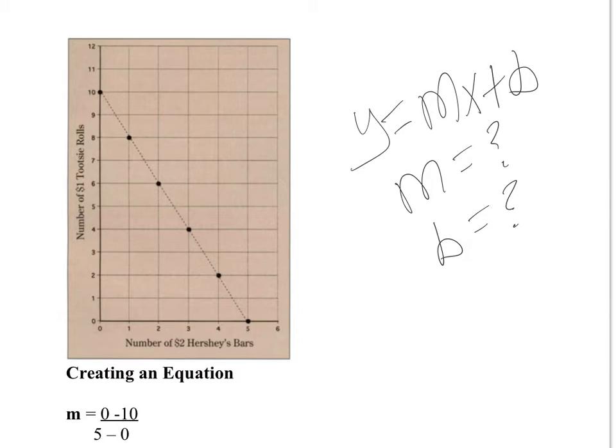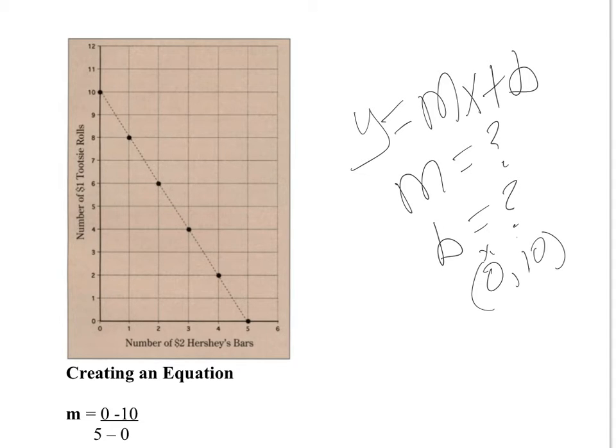So they knew that b is the y-intercept, so they were able to come up with 0, 10 as that particular point.